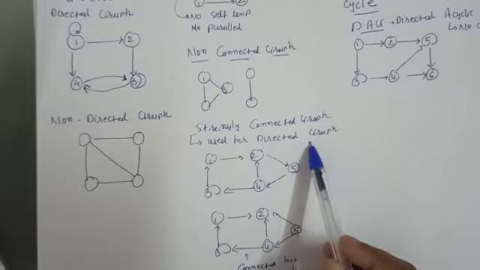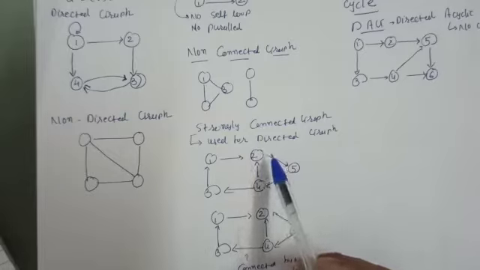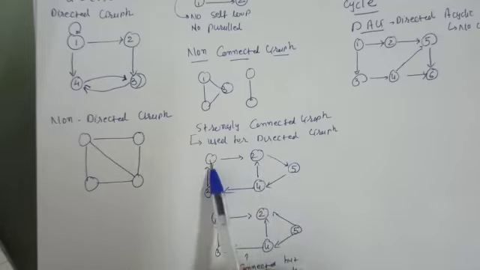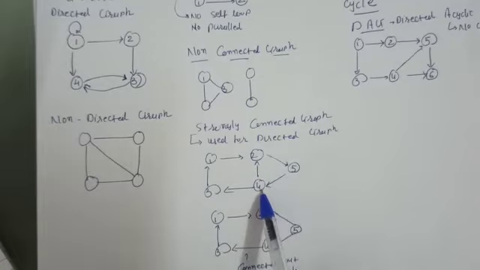A strongly connected graph is one where you can start from any vertex and reach any vertex. For example, if I start from 1, I can reach 4, I can reach 3, I can reach 5. You can see 1 to 2, 2 to 5, 5 to 4.